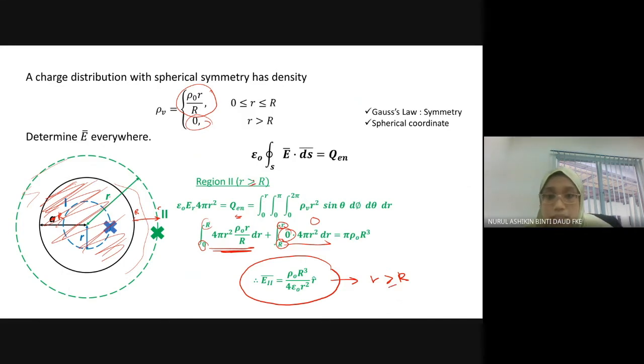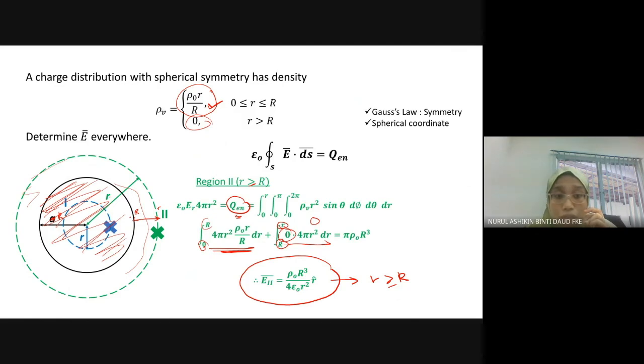You can also make it like this. I think the sign here is not so important. The most important thing you need to define is the range at this particular Q enclosed. Where is the range of the charge exists? 0 until R, because from 0 until R there is the charge distribution value.